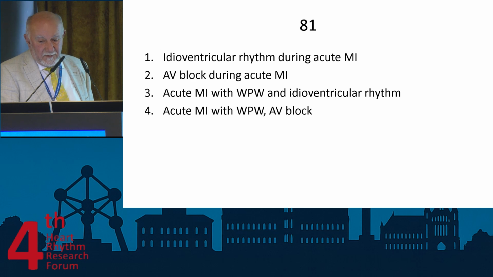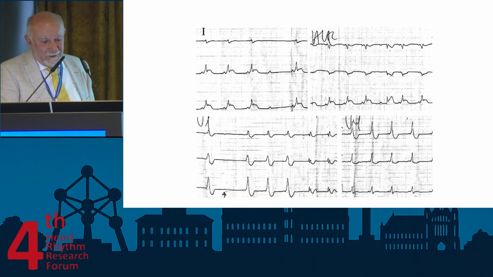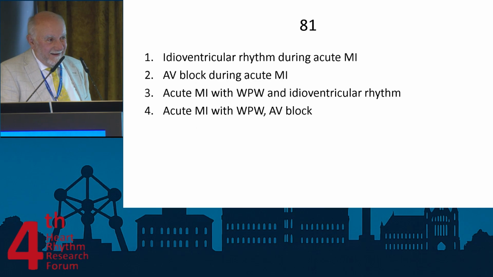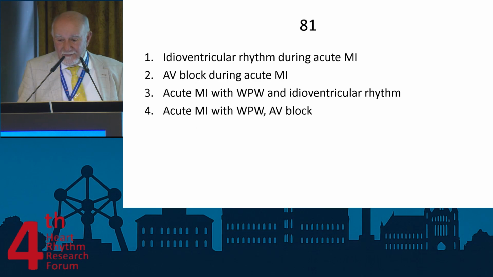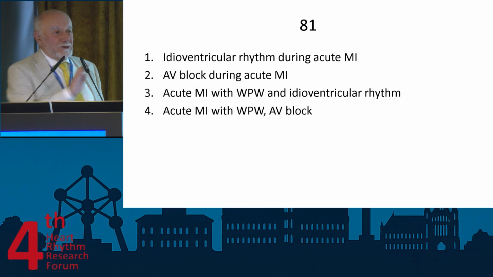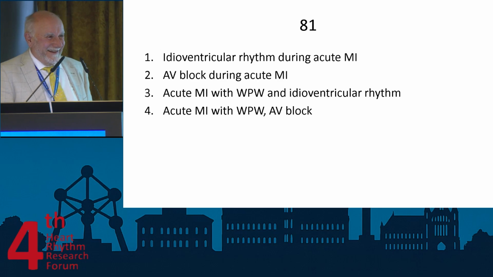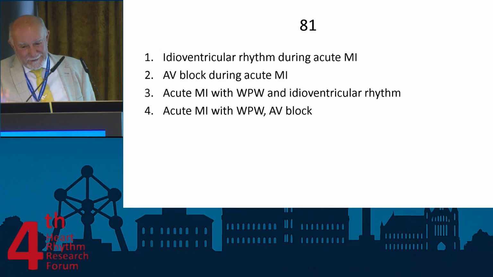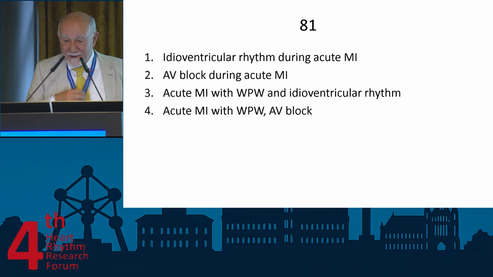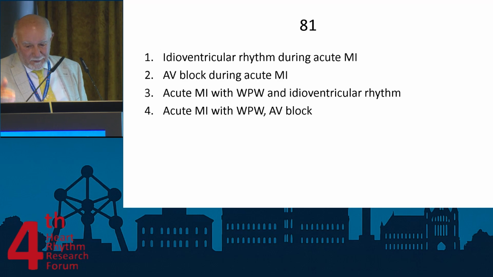Idioventricular rhythm, AV block. So, you have WPW for sure, you have an infarction. The infarction is everywhere. AV block is in 2 places, the ventricular rhythm in 2, and then you have WPW in 2.